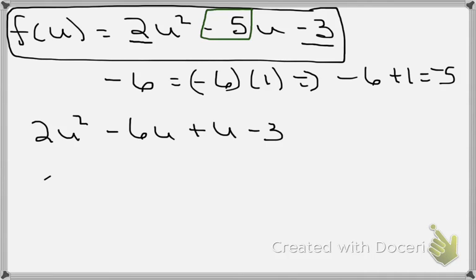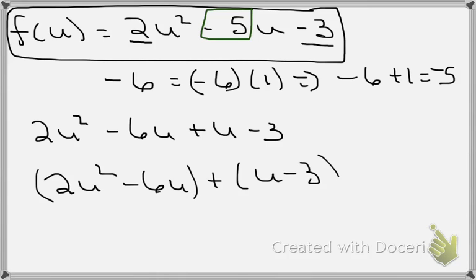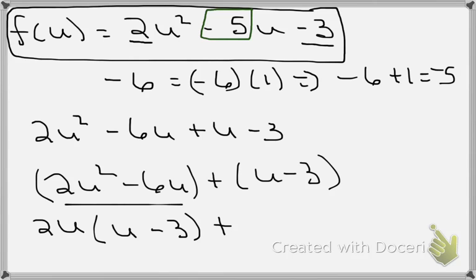So I have 2u squared minus 6u grouped together plus u minus 3. In the first two terms, I have a common 2 and a u. So I'm going to factor out the 2u, and I'm going to be left with u minus 3, plus, just for emphasis, 1 times u minus 3.